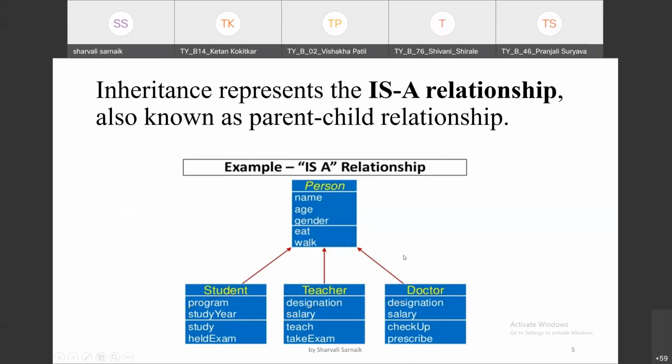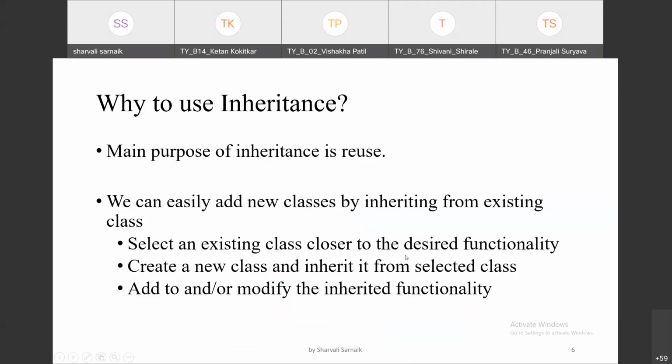So we reuse the properties, so we call it reusability. So we can easily add a new class by inheriting from an existing class. So instead of defining the same properties again and again in a new class, what we do? We take it from an existing class and only the new functionalities of that child class, we define.